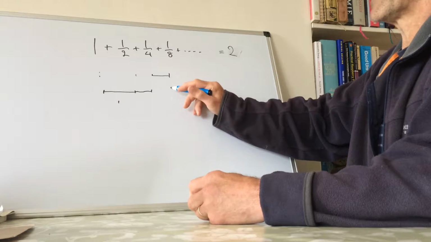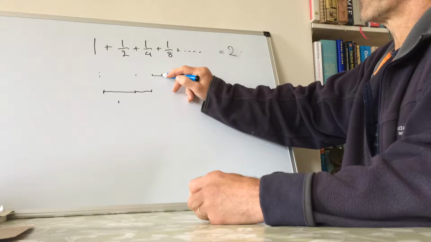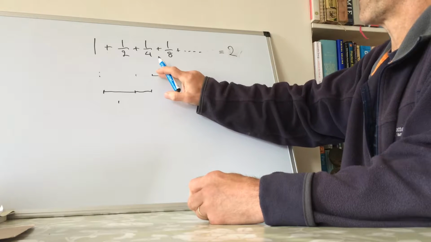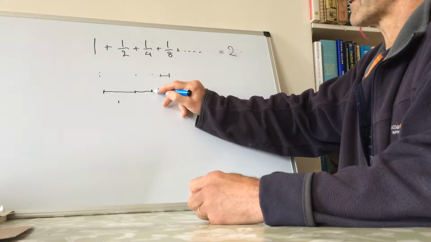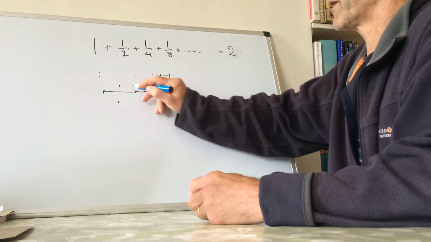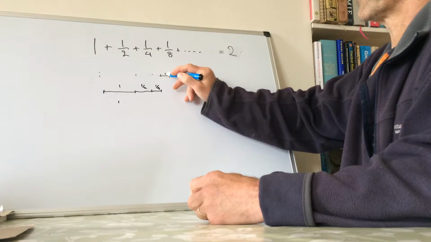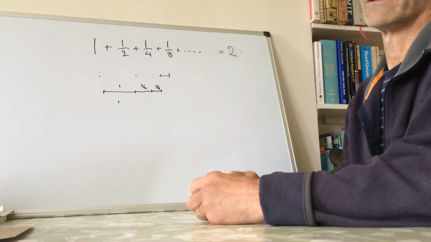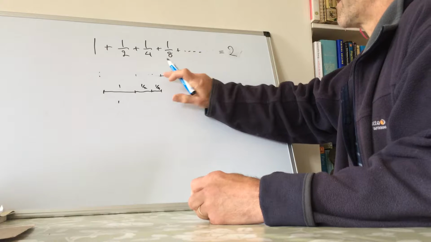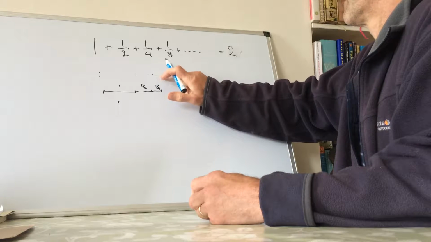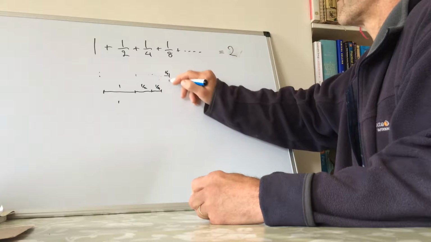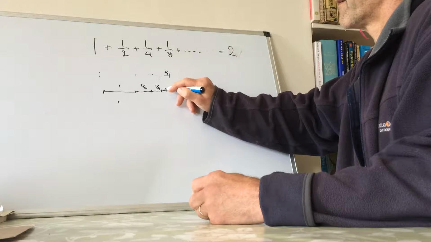And then I take this one and I cut it in half again, and I remove that half. So that's a quarter. So I've got a 1 here, a half here, and a quarter here, and there's the remaining quarter up there. Okay, and I keep cutting that in half. So I've got an eighth now, and an eighth here.